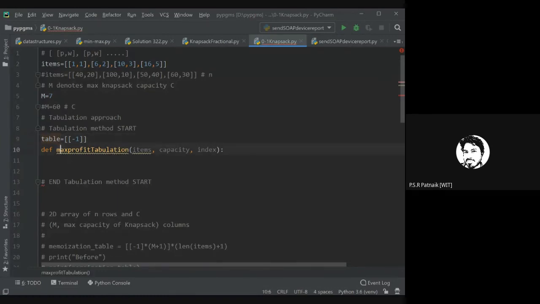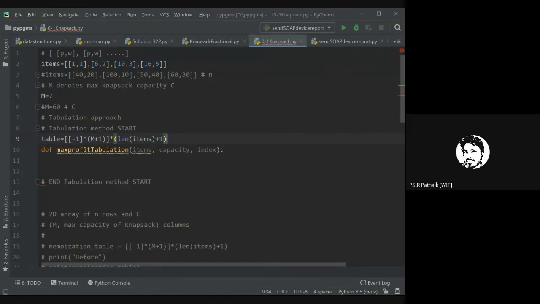The inner part is multiplied by the number of capacity, so it would be m plus 1, and the outer is multiplied by the entire length of items, which in my case is length of items plus 1. This creates the entire DP table.